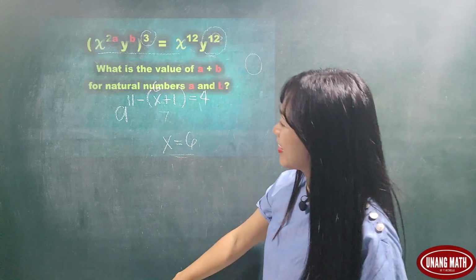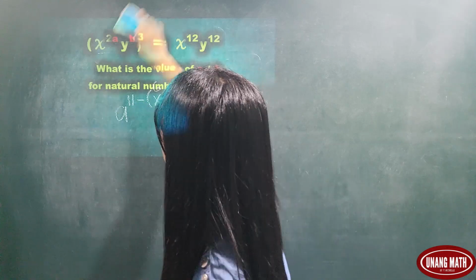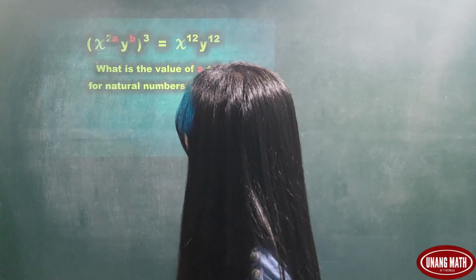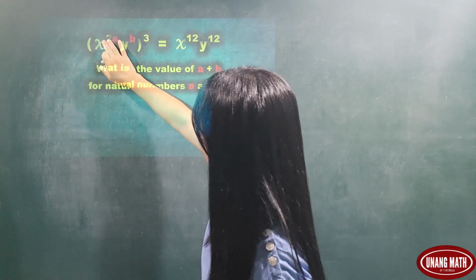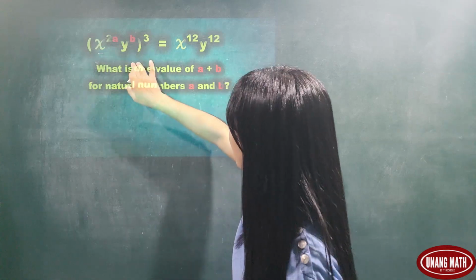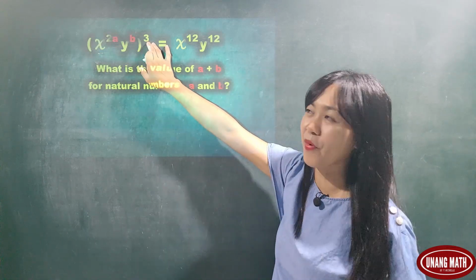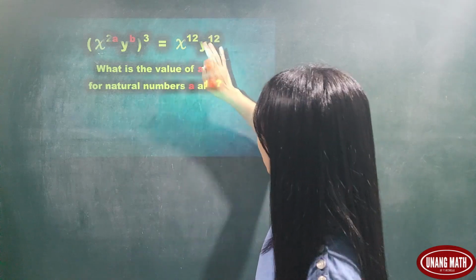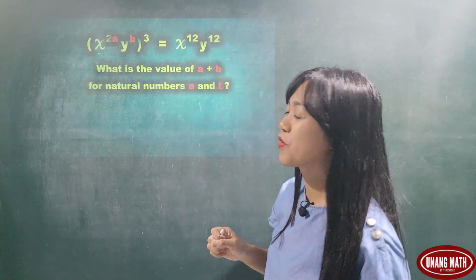Okay, let's have this second problem. x raised to the power of 2a, y raised to the power of b. This is inside the parentheses, and it's raised to the power of 3. This is equal to x raised to the power of 12, y raised to the power of 12.